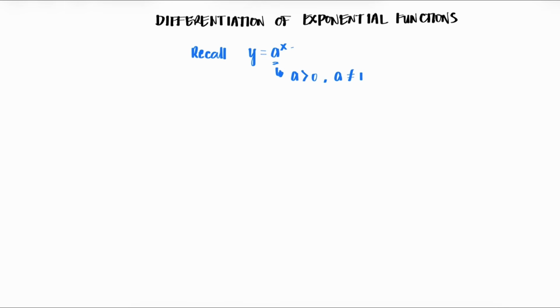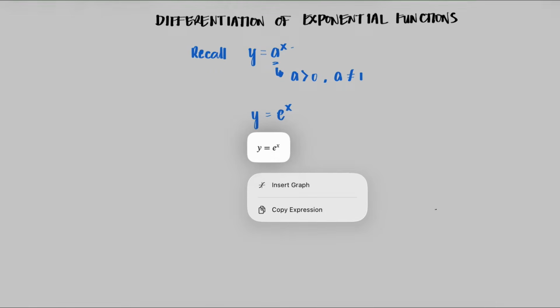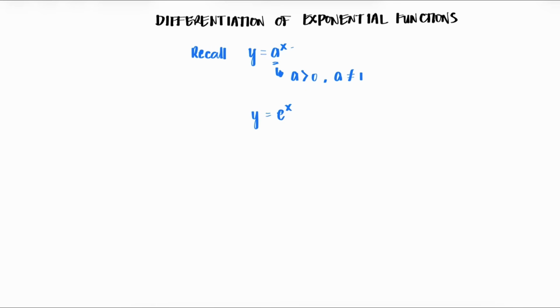But if the base is the natural number e, we can write that as y equals e to the power of x. So for these two exponential functions, we have two formulas that we can use to differentiate. If it is in the form a to the power of u, remember that the exponent there is u, and u is a differentiable function of x.